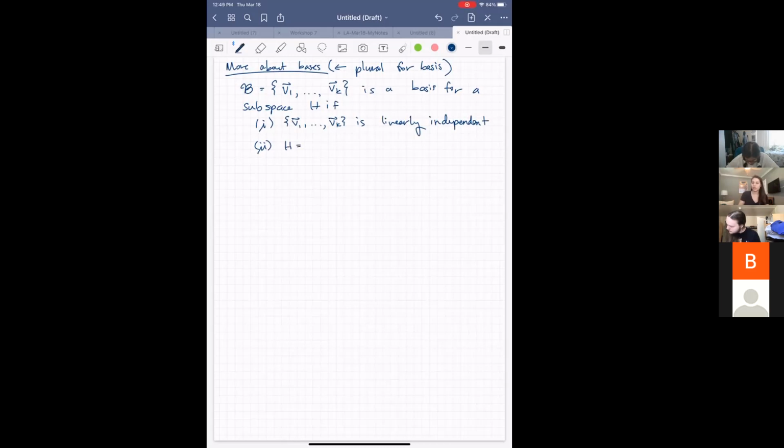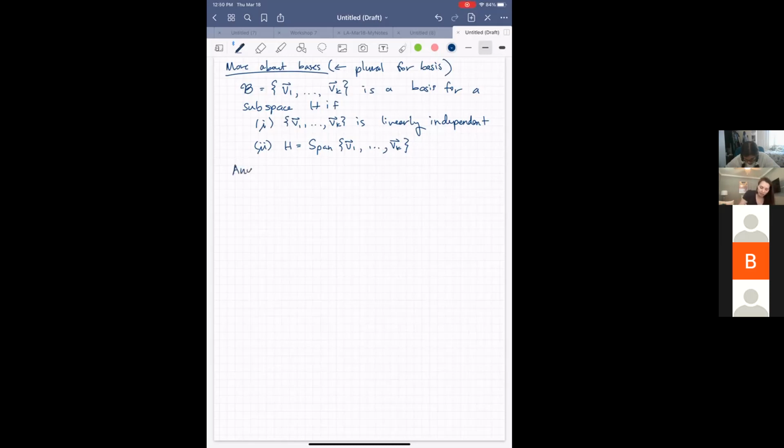H equals what? H equals the span of the vectors. Exactly, yes. H equals the span of these guys. Okay, so this is our definition. We went over this last time, but it's good to just try to remember it off the top of our heads.